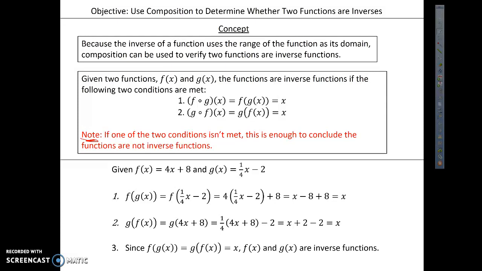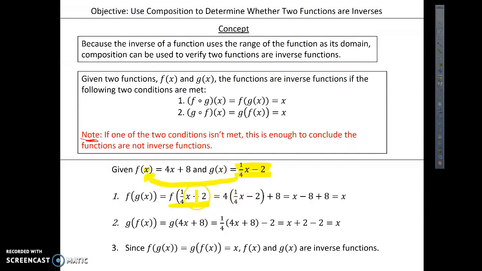The first thing I'm going to do is take g of x and plug it into f of x. So I'm going to replace x here with my g of x function, and you can see I have f of g of x written here.